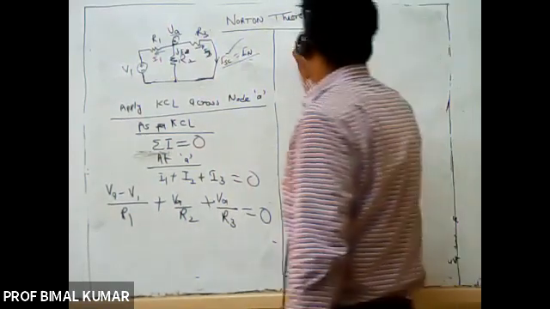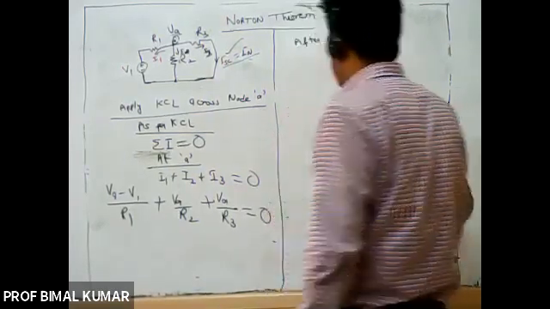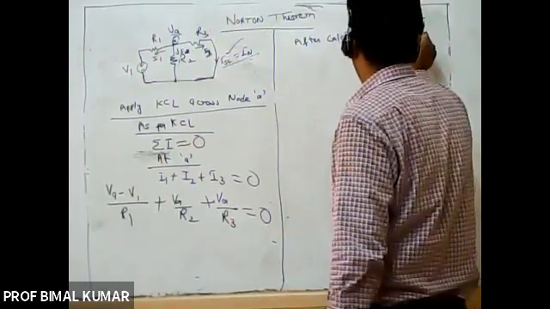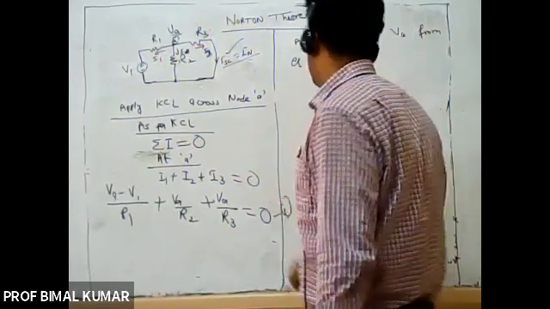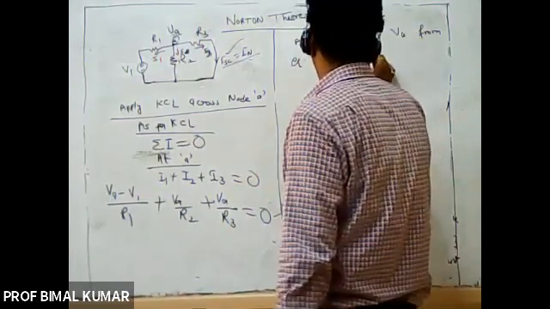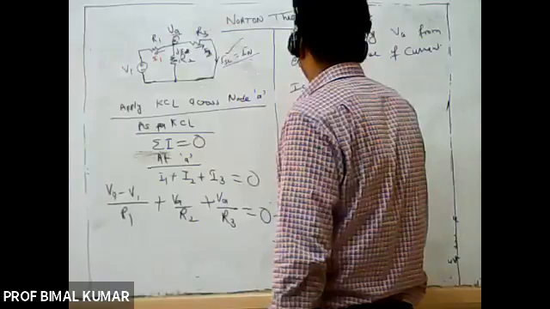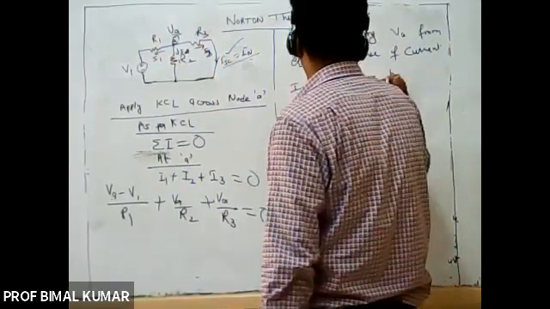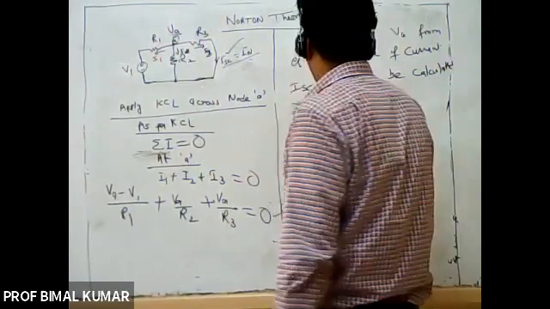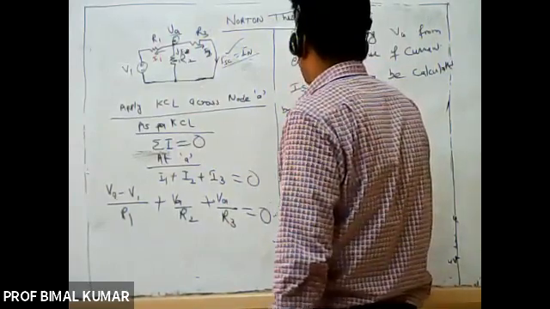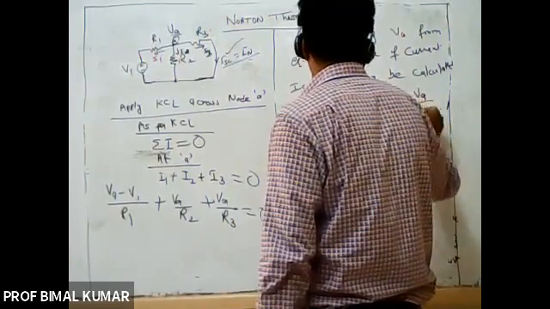So after calculating VA from equation 1, the value of the current ISC, that is the short circuit current, that is the Norton current, may be calculated by using ISC is equal to IN, which is equal to VA upon R3.